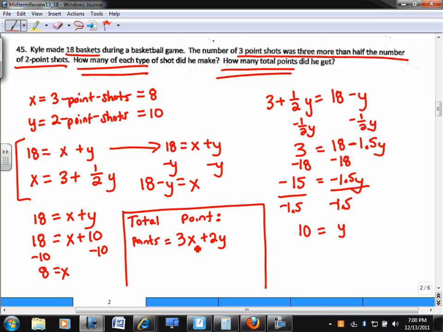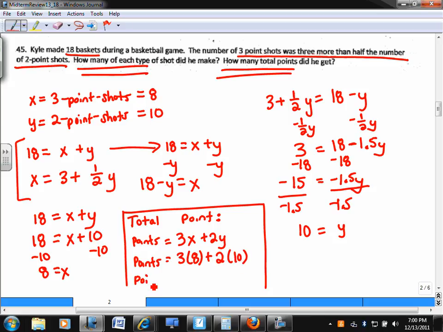Because every three-point shot he made gave him 3 points, and every two-point shot he made gave him 2 points. So his points equal 3 times 8 plus 2 times 10.